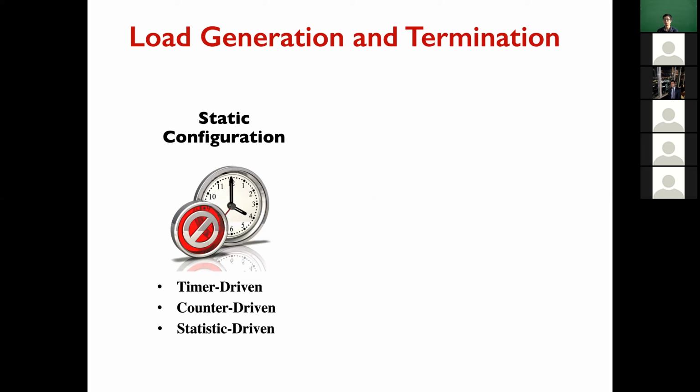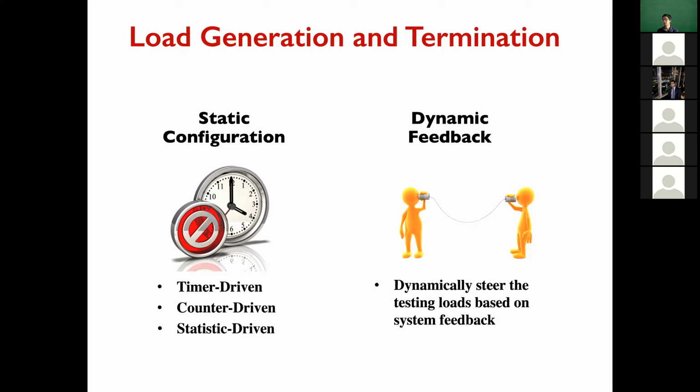These 500 users will log in to the system and perform some actions such as reading emails, writing emails, and so on, then log out, for example, right? That's a static configuration.